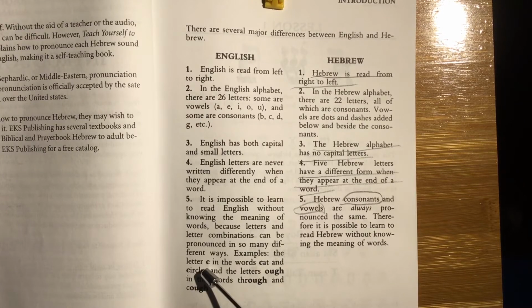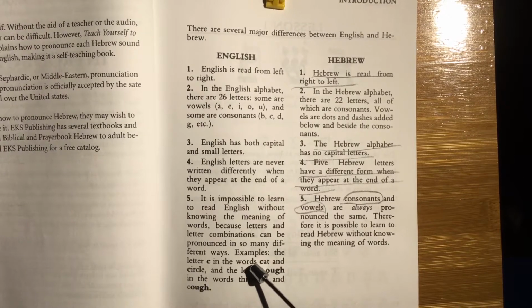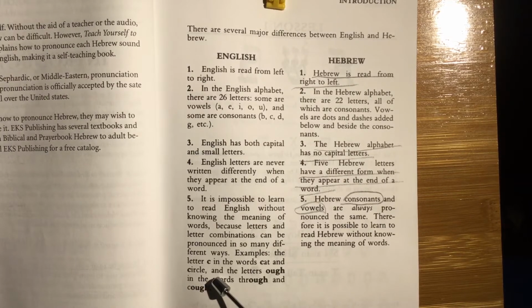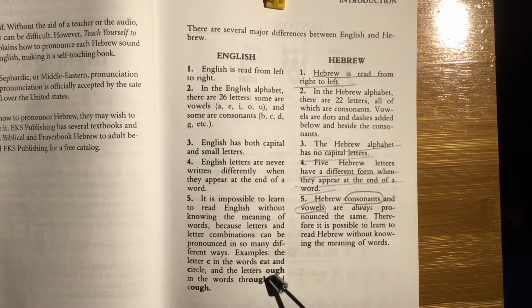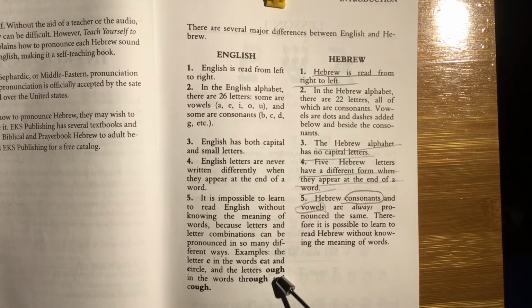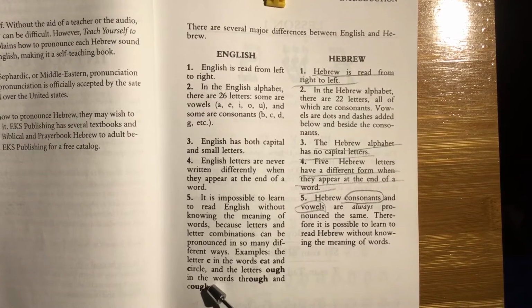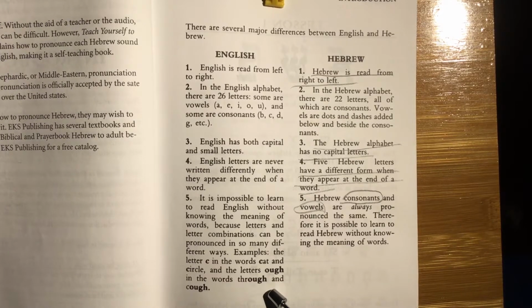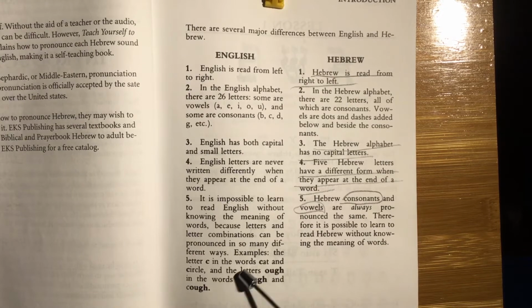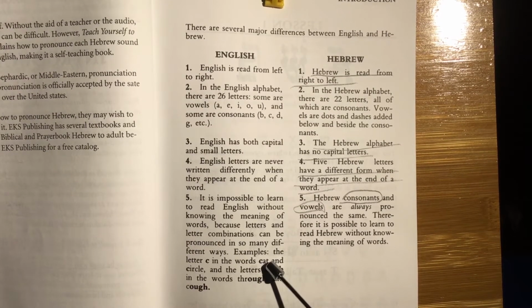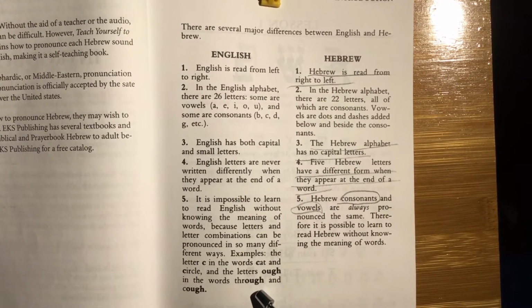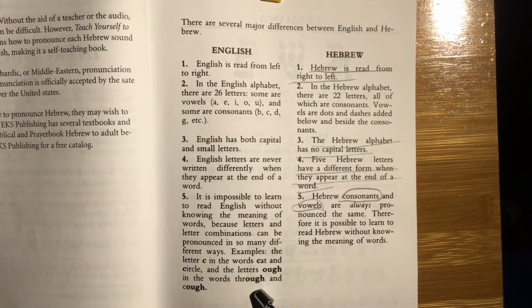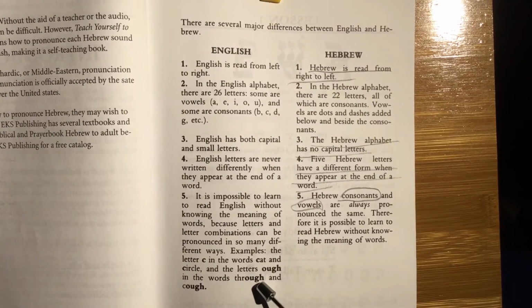Example, the letter C in the word cat and circle, and the letters O-U-G-H in the words ought, through, and cough.